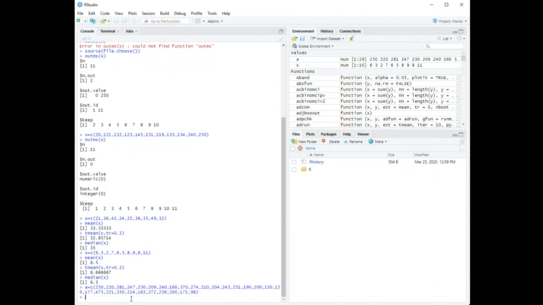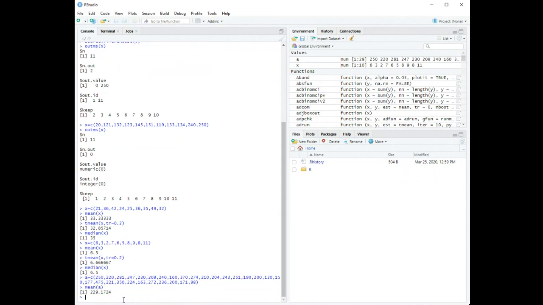So now it's saved there into that A variable. So now I'm going to do the sample mean. I'm just going to do mean, and instead of x, I'm just doing A. So that gives you the sample mean for that one. And then it says the trim mean, so t mean A, comma, tr as in trim, and 20%.